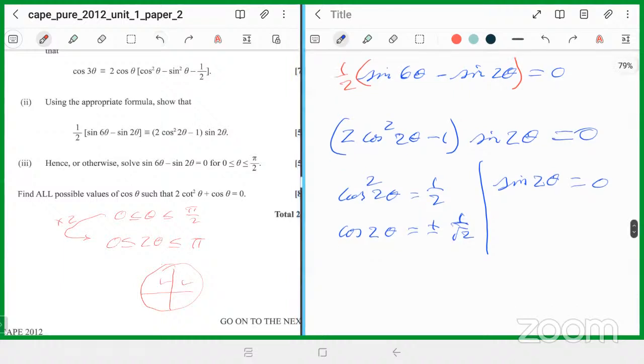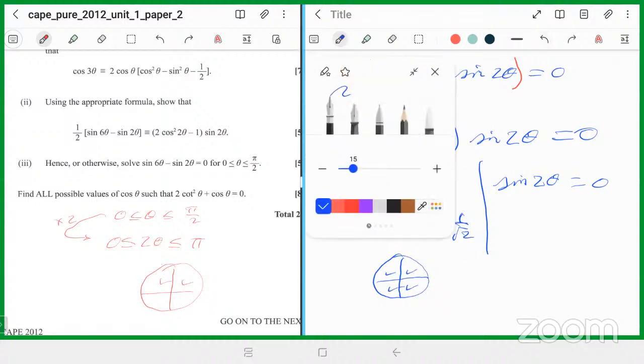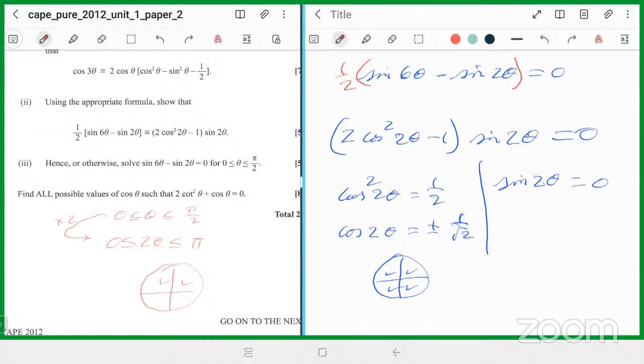So when I'm solving this one, my cos is positive or negative. When I draw the quadrant diagram for this one, I would want all the quadrants, because I want where cos is positive and also where cos is negative. The principal angle for this, which is alpha, would be cos to the minus 1 of 1 over root 2.